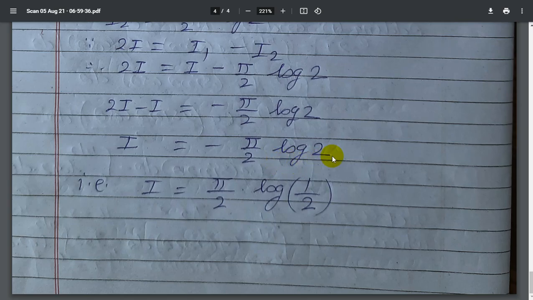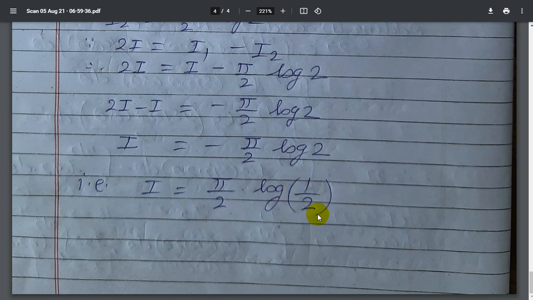So I equal to minus pi by 2 log 2. This is your answer. If you want to write your answer in positive sense, that is I equal to pi upon 2 into log half, log of 1 upon 2. How can you change it? See here, pi by 2 log of, this negative sign is minus 1. So log of 2 raised to minus 1, and 2 raised to minus 1 can be written as 1 by 2.